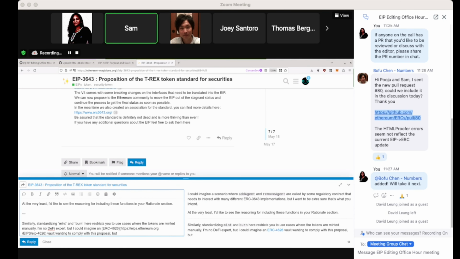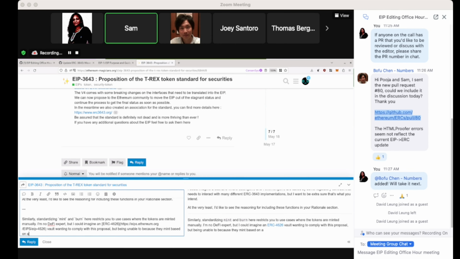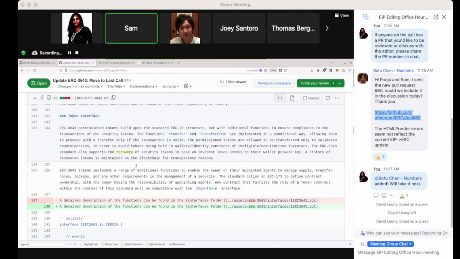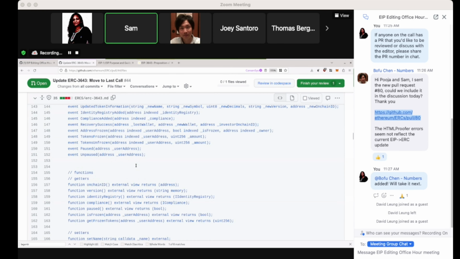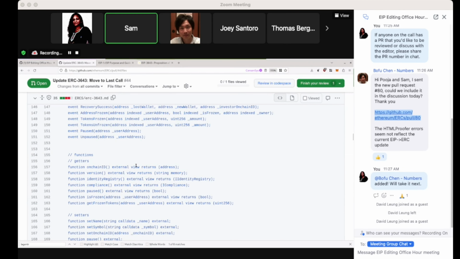This proposal mentions an ERC-4626 vault wanting to comply with this proposal, but okay. Assets broken. Cool. On-chain ID.